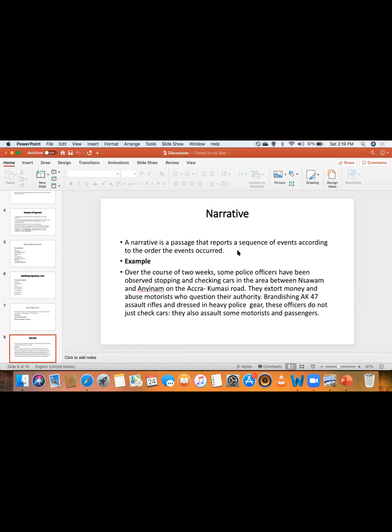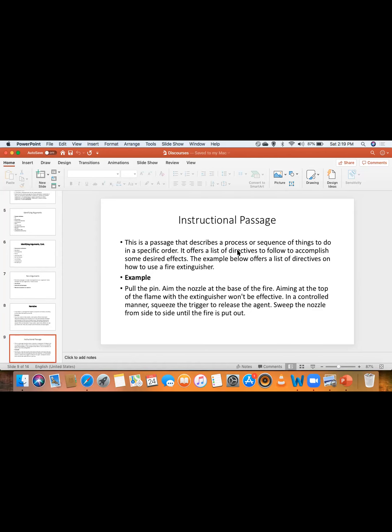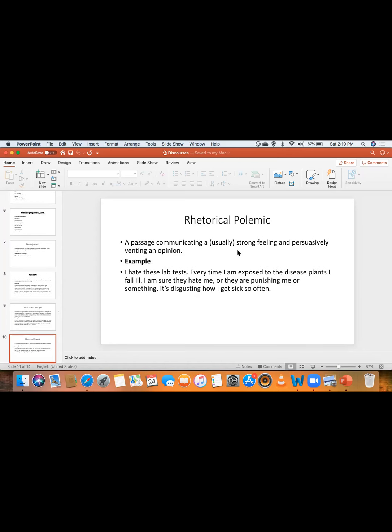Narratives are reports of a sequence of events. An instructional passage is a collection of imperatives. A rhetorical polemic is a passage communicating strong feeling. We said a rhetorical polemic could contain claims, just like arguments.